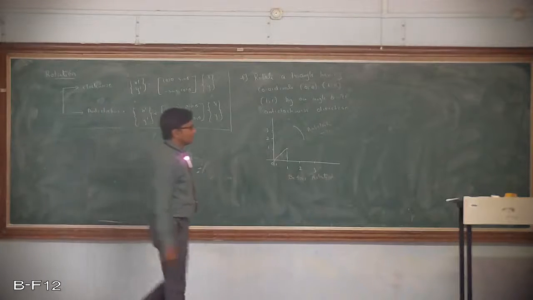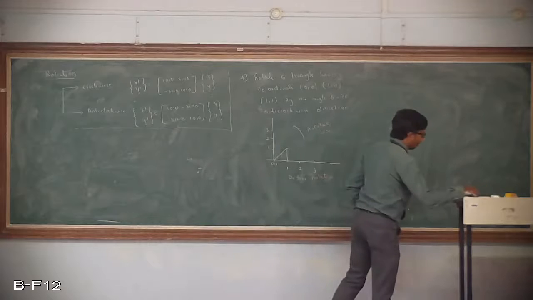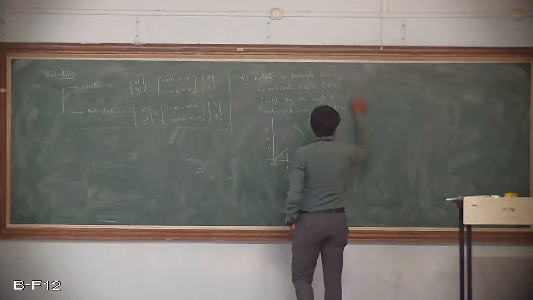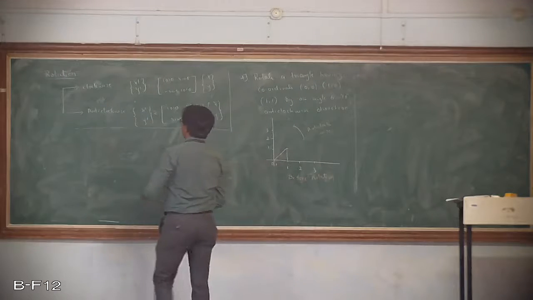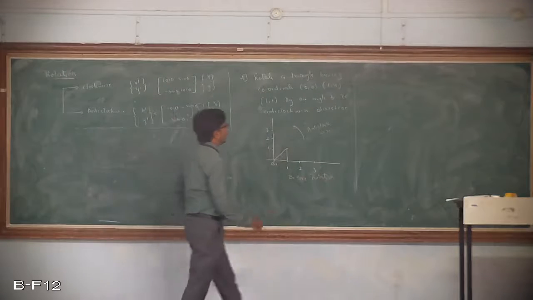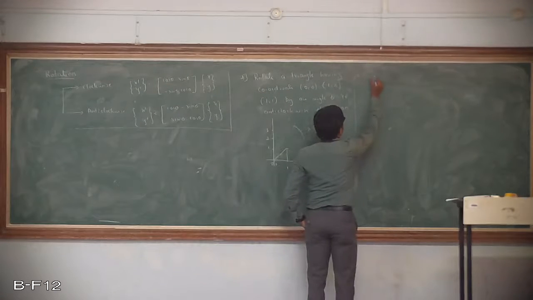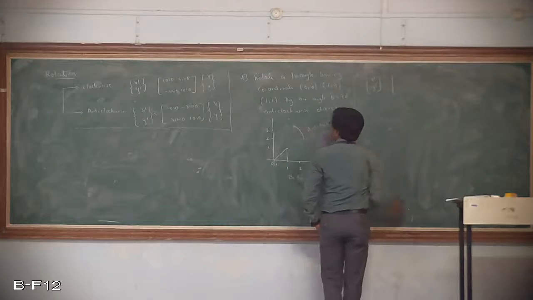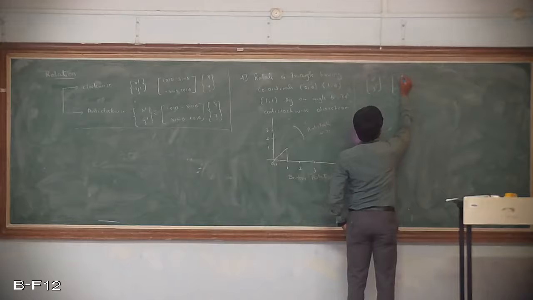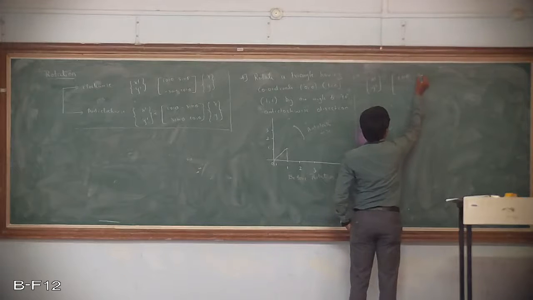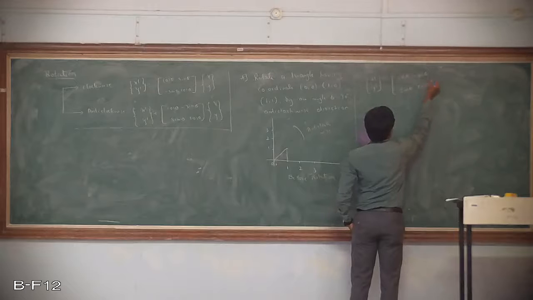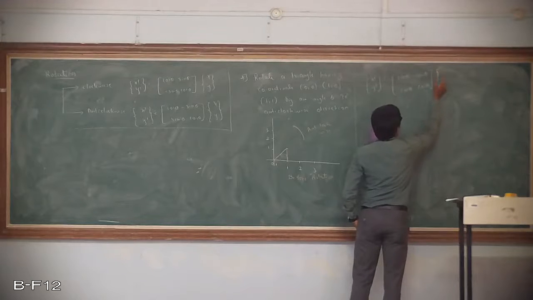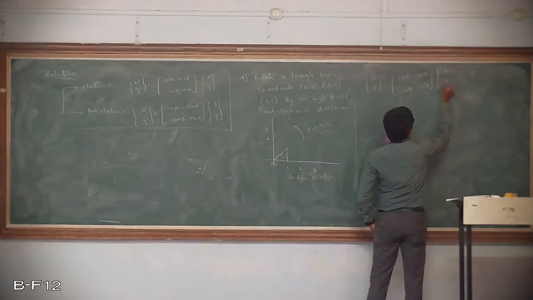So if you see the particular equation, for an anti-clockwise rotation we have the equation x dash y dash equals cos theta, minus sin theta, sin theta, cos theta, times x y.